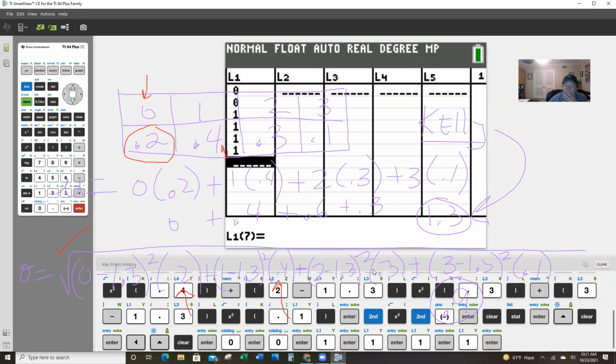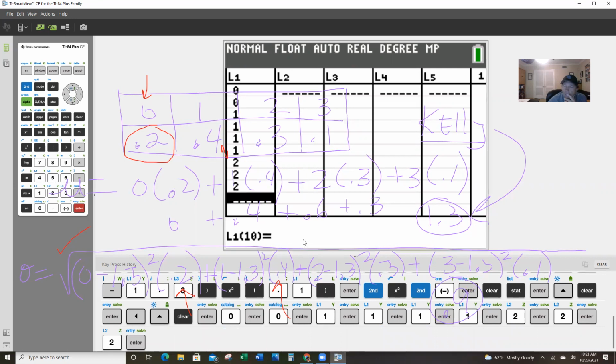Now there should be, let's see here, there should be 3 2s, because 30% of the distribution is 2s. So 3 2s. And there should be 1 3, because 10% of the distribution is 3s.